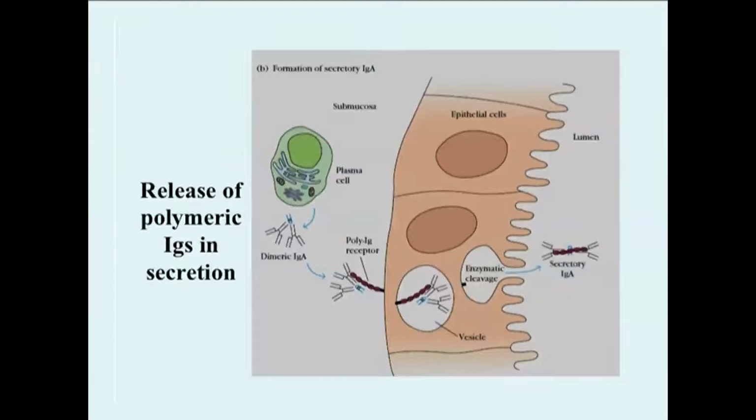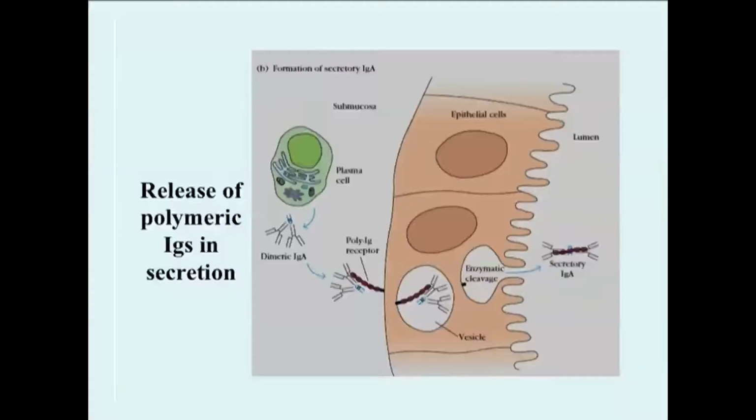There are receptors called poly-Ig receptors present at the basolateral surface of epithelial layer of genitourinary tract, respiratory tract, etc. And also poly-Ig receptors present in the glandular epithelia, like in the mammary gland, lacrimal gland, etc. Now, what happens?